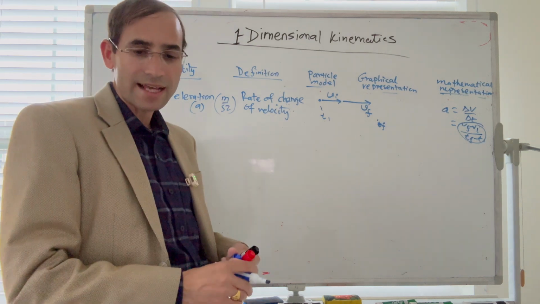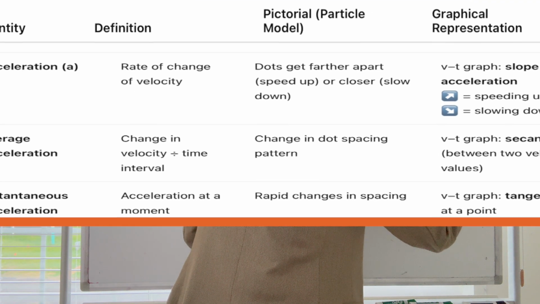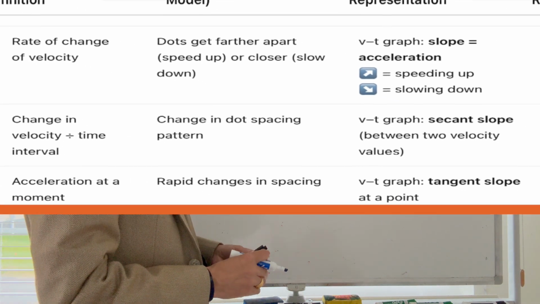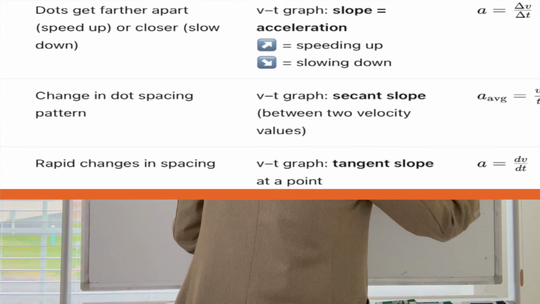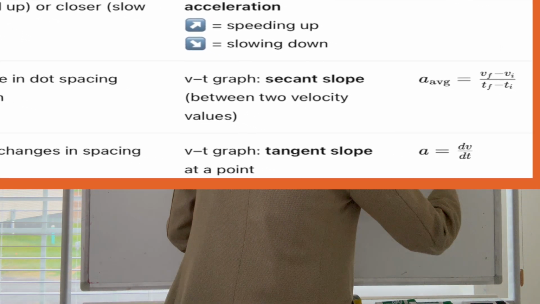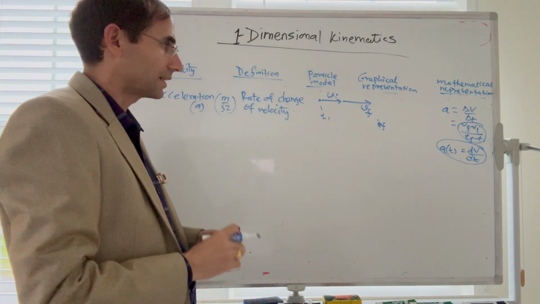Instantaneous acceleration is the acceleration at a particular time. That is the derivative of velocity with respect to time. That is another subject, out of the scope of this course.